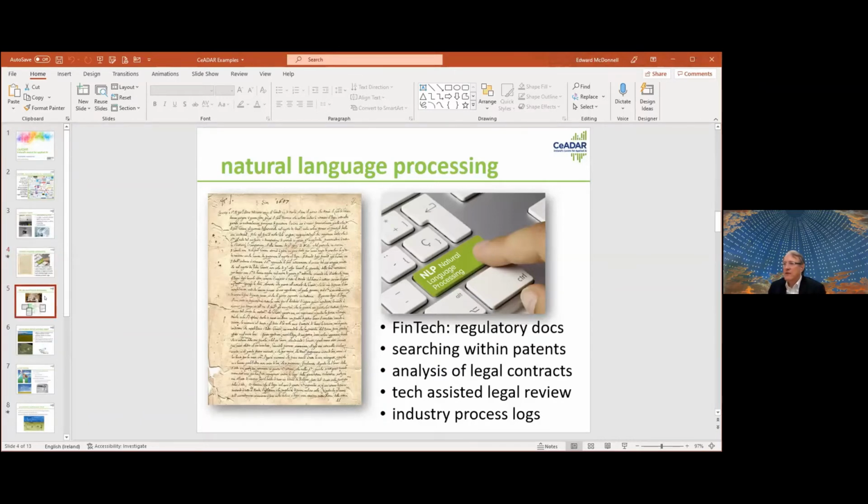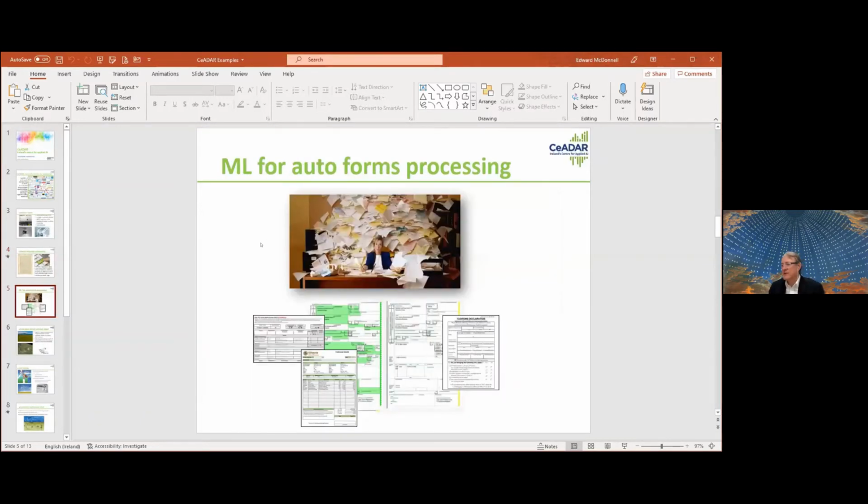So staying on the theme of document processing, and natural language processing, which is a very important area, is another example that we're working on with a company using machine learning for the automatic processing of invoices. Invoices come in all types of formats, in spite of the fact that a company might issue a template and say all invoices must appear in this form.